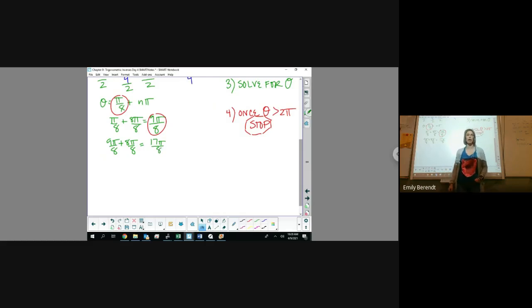Is it less than 2 pi? No. This is greater than 2 pi, so you do not accept it as an answer, and you stop with this column. So the only answers that came from 2 theta equals pi over 4 plus every 2 pi were pi over 8, or I said pi over 8, did I? Or pi over 4. Anywho, pi over 8 and 9 pi over 8.